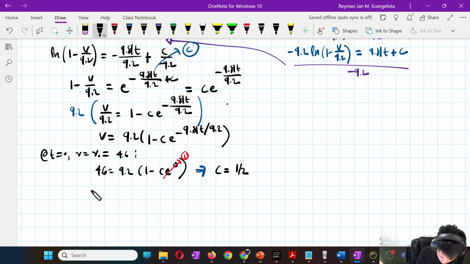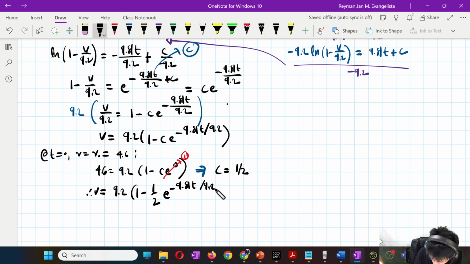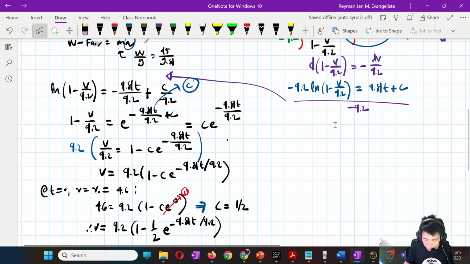Therefore our expression for the velocity at any time is v equals 9.2 times 1 minus 1 half e raised to negative 9.81 t over 9.2. Then, what is required?